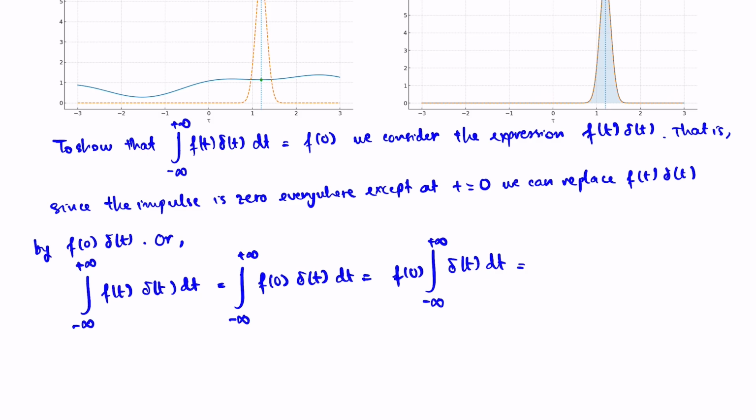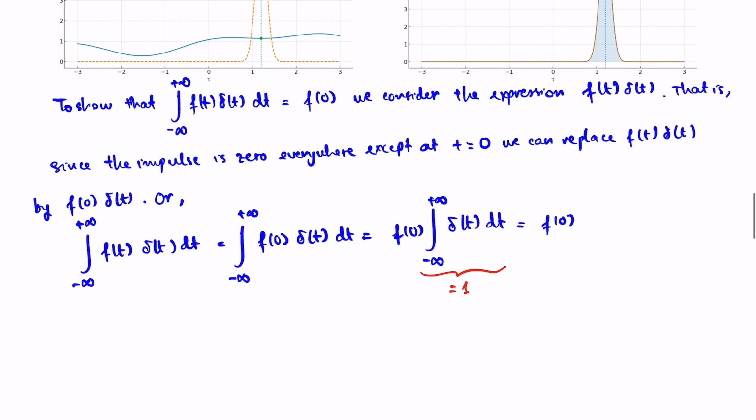You can extend this to the left-hand side as well and include negative infinity to positive infinity, because delta t is 0 everywhere else. Therefore, this distribution is equal to 1, and because of this, you get f of 0.